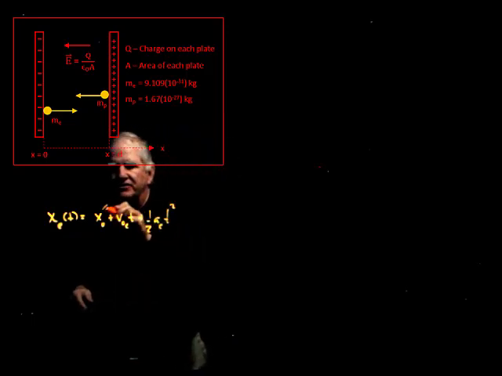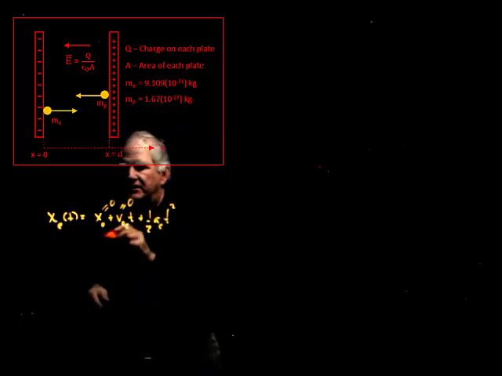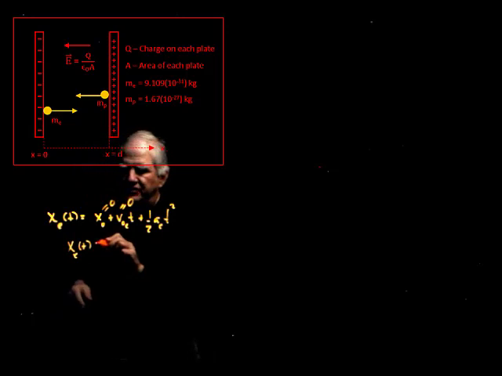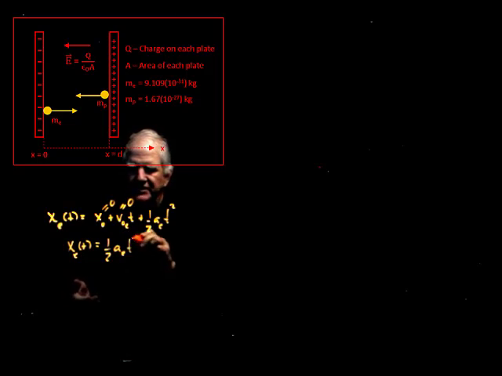So this number is 0, this number is 0. This just becomes, I'm sorry, x sub e of t is equal to 1/2 a sub e t squared.